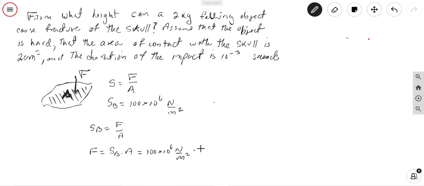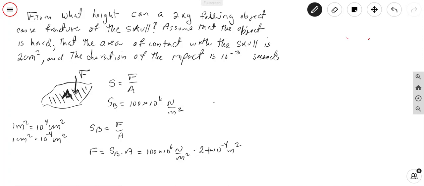So 2 centimeters squared is equivalent to 2 times 10 to the negative 4 meters squared, right? Because remember that 1 meter squared is equivalent to 10 to the 4 centimeters squared, or 1 centimeter squared is equivalent to 10 to the negative 4 meters squared.